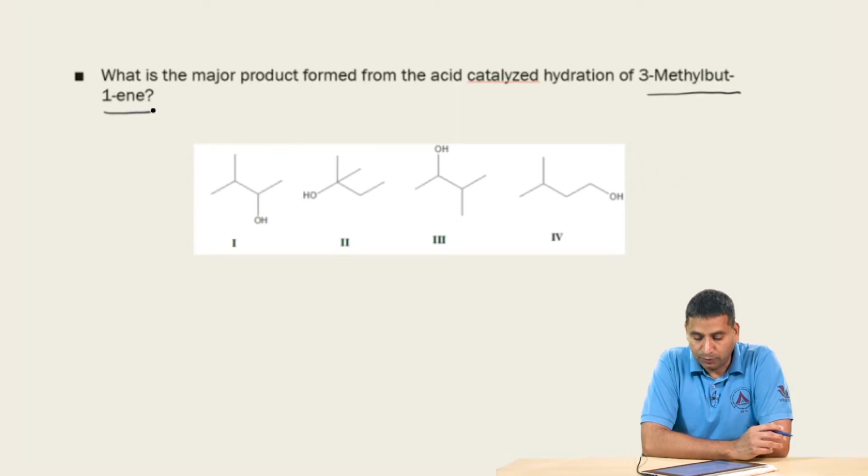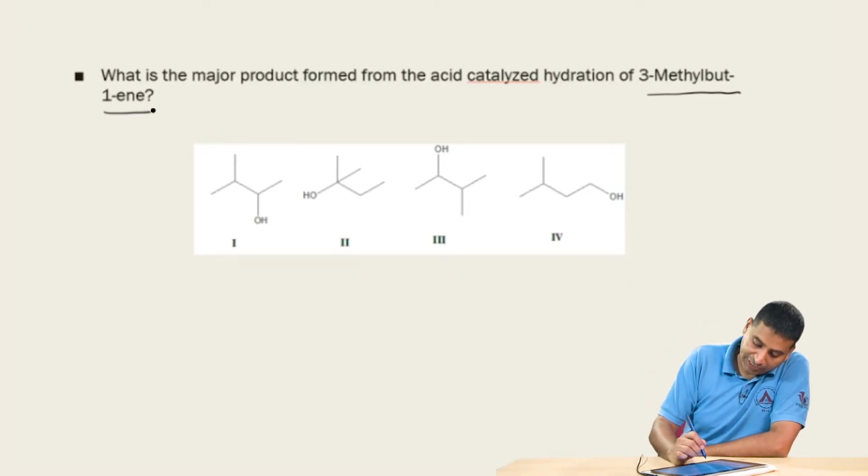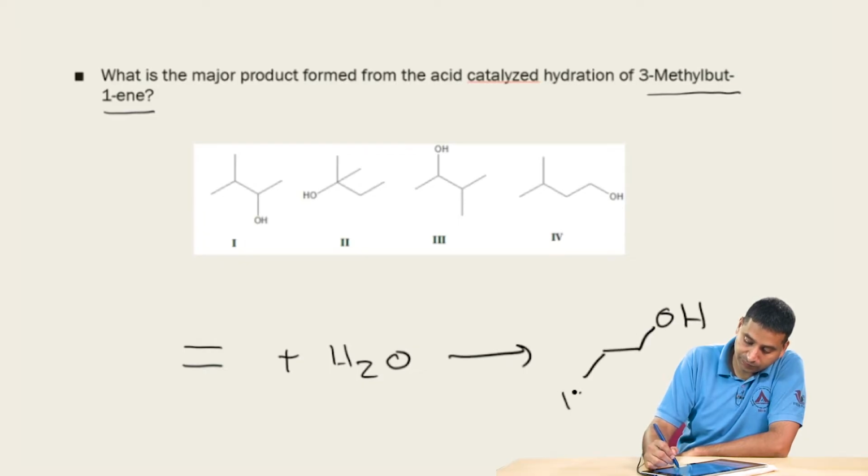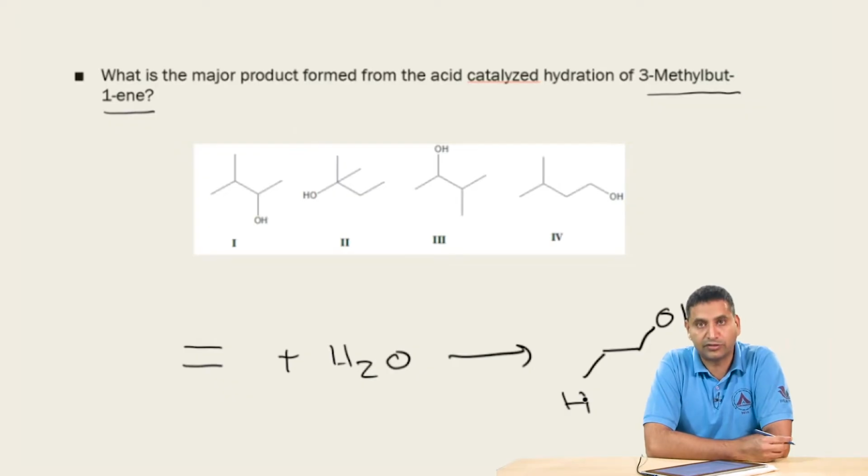Okay. So, once you have written it down, the question is, what are the products of acid catalyzed hydration? Just to recap, hydration is basically a reaction where, let us say you have an olefin and you add H2O, you get a molecule such as this.